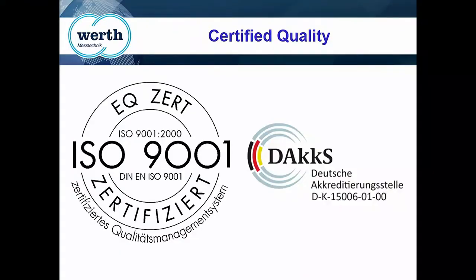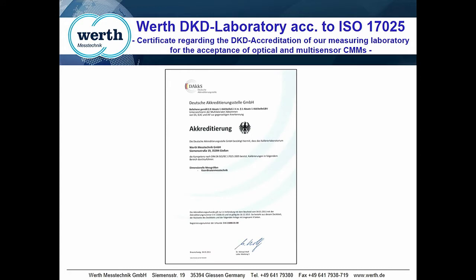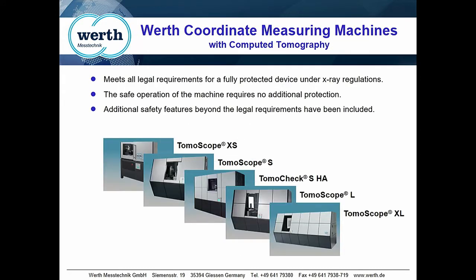And these are certifications: ISO 9001, and this DAkkS certification allows us to calibrate our own artifacts. DAkkS is the German equivalent of NIST. And this is our ISO 17025 certification. And all of our CT machines meet FDA requirements to be considered a cabinet X-ray machine.